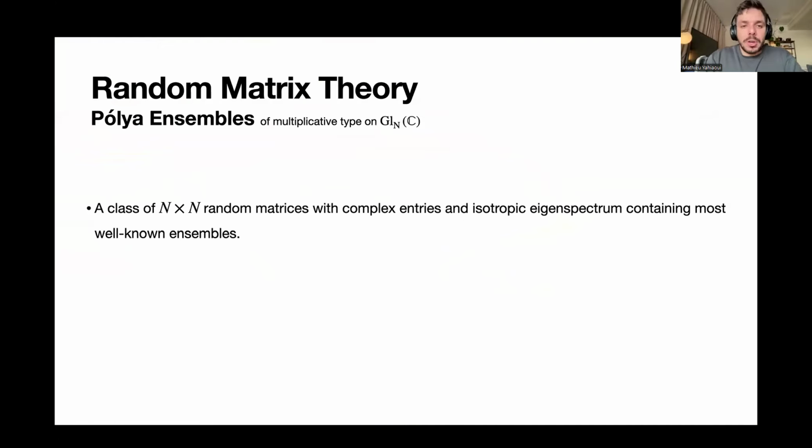So for today, I'm going to deal with a class of n by n random matrices, so matrices of size n with complex entries. And what's more, I'm going to require that the eigenspectrum has some sort of isotropy. What I mean by that is that the probability distribution has no preferred direction, right?